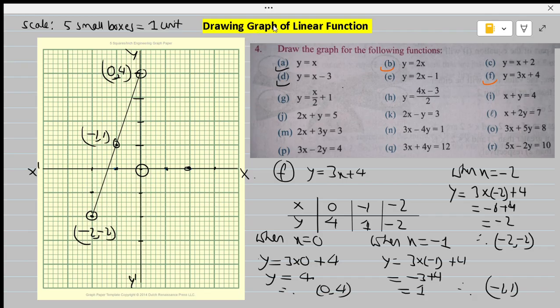So done. This line is our line where y equal to 3x plus 4. The line y equal to 3x plus 4 is done.